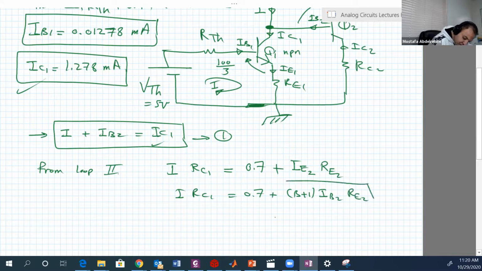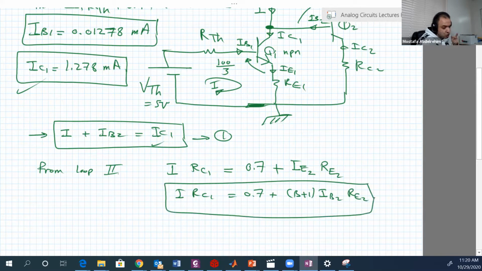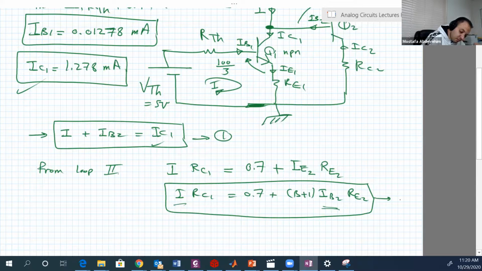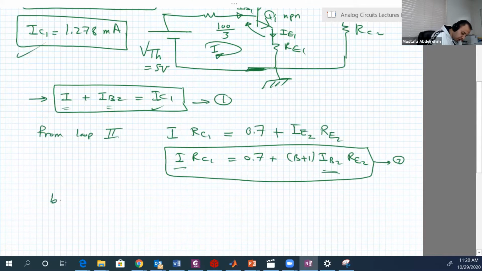So look at this equation. This equation has two unknowns, IB2 and I. And equation number 1 has again the same two unknowns, I and IB2. So we can solve them together. By solving equation 1 and equation 2, we get both I and IB2.